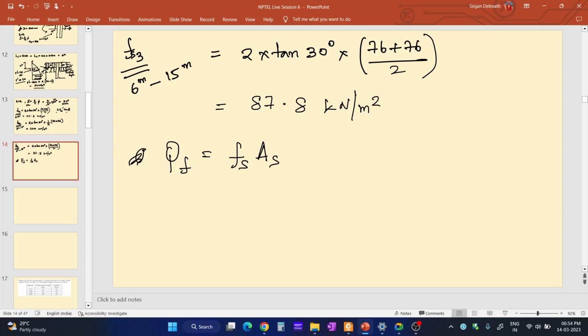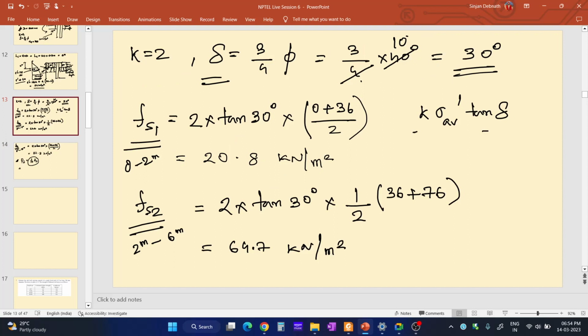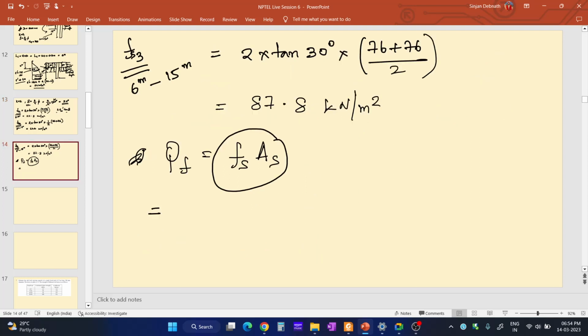Now we will find out the total skin friction resistance. So we can write it like this: Fs1 multiplied by surface area of that portion, Fs2 multiplied by surface area of that portion, and Fs3 multiplied by surface area of that portion. If we find out these three terms separately and sum it up, we will get the total skin friction resistance.